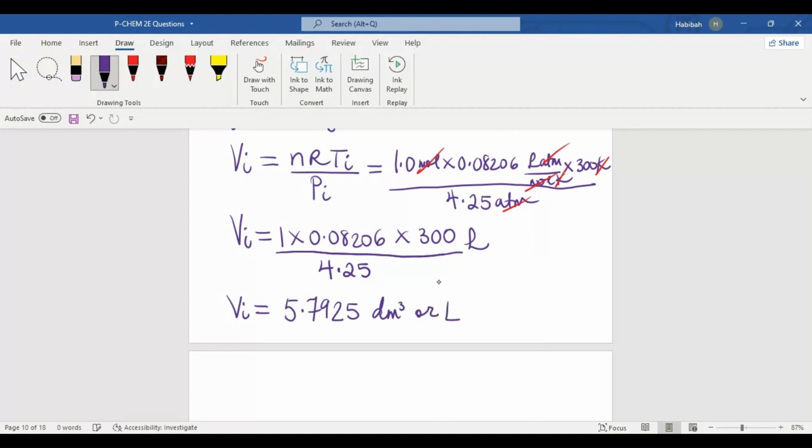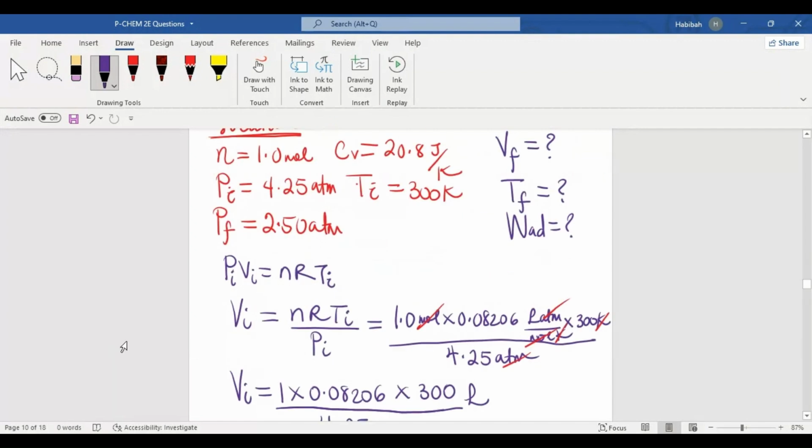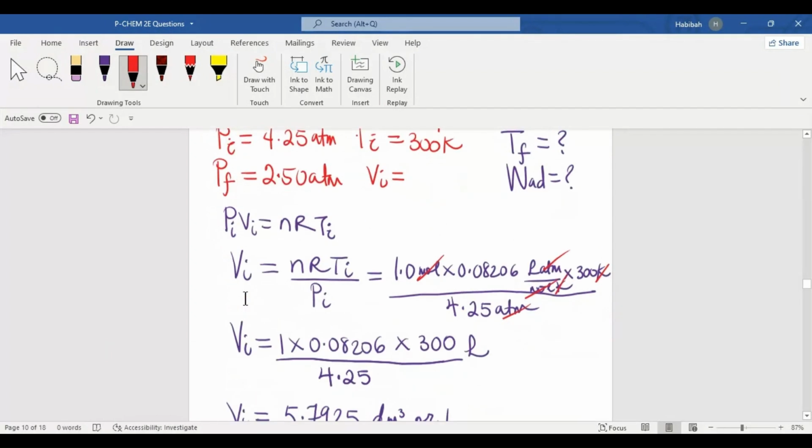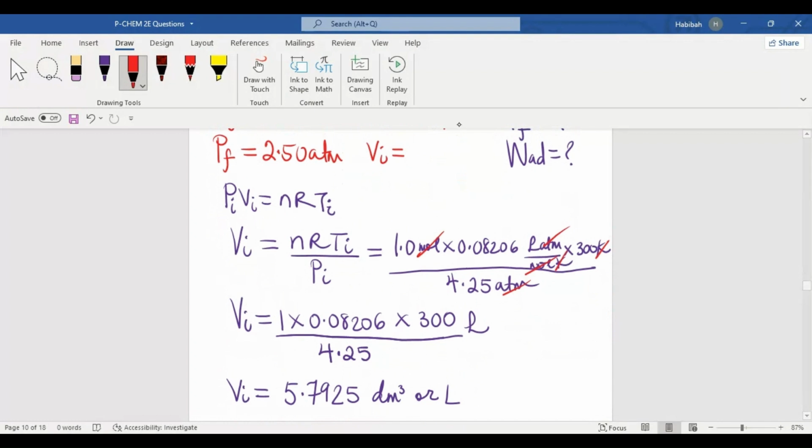Note that liters and dm cubed are exactly the same units. I know this question says liters; you can call it dm cubed or liters, it doesn't really matter. So that's the first thing you note. Now we have successfully found V initial, and we need it to be able to solve for V final in an adiabatic expansion process. So V initial is 5.7925 dm cubed.